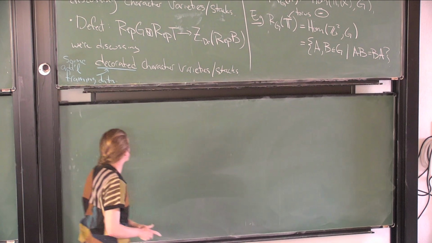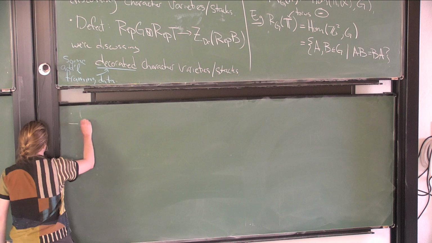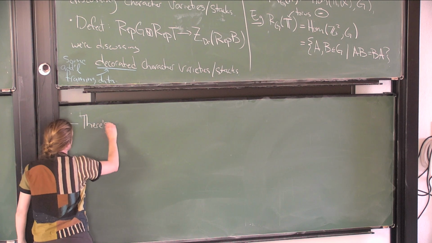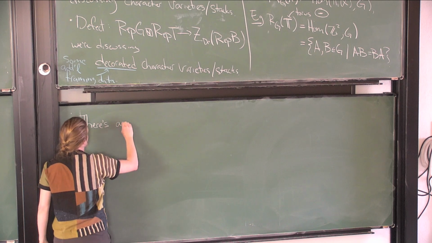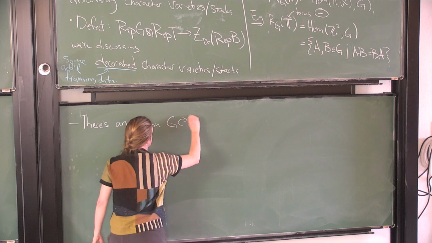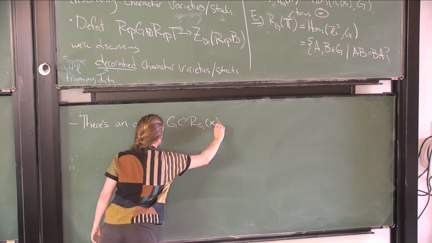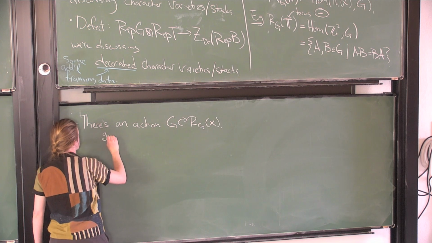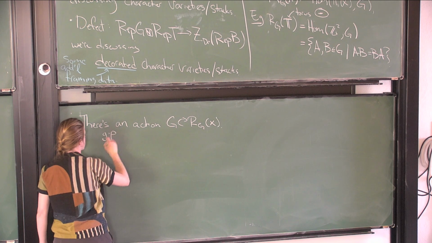So the representation variety has an action. Right, and what does this do if I take G, little g, acting on rho?